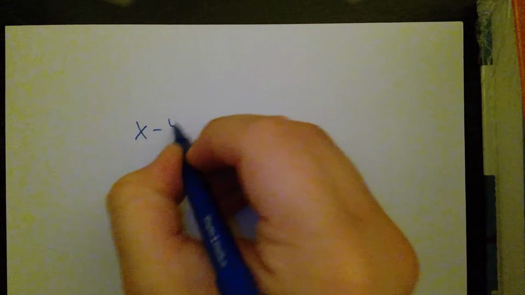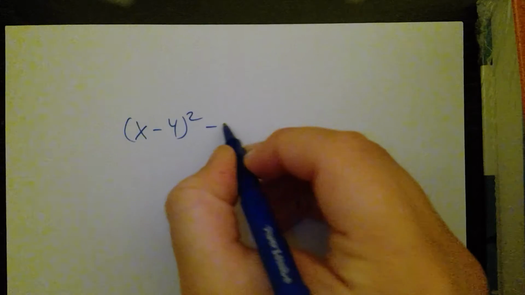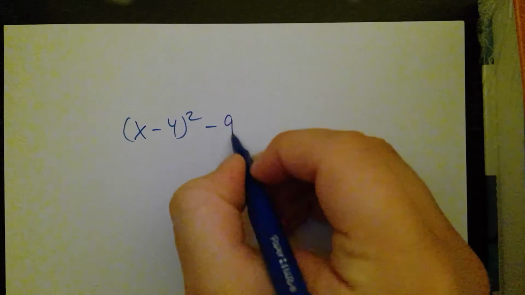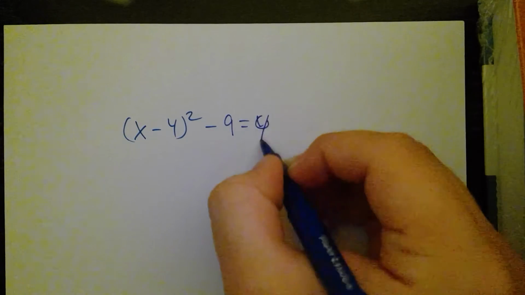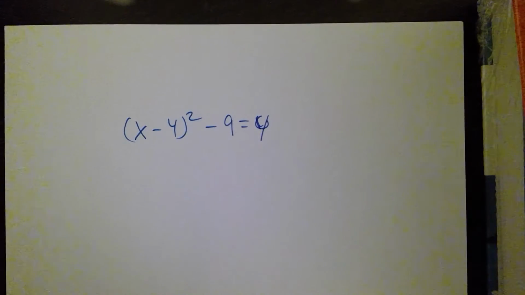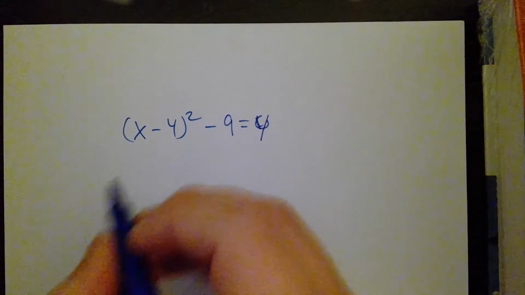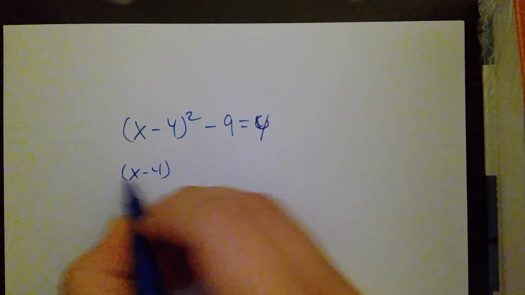All right, so we're going to look at a few equations in vertex form, and we're going to solve them. So let's start with this one. We have x minus 4 squared minus 9 equals y. When we first solve, we must set our equation equal to 0.